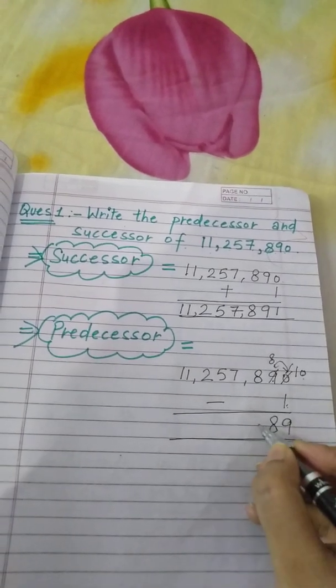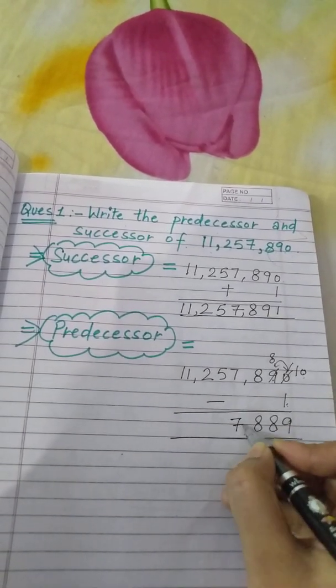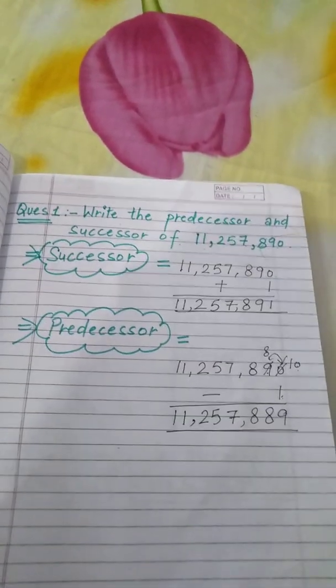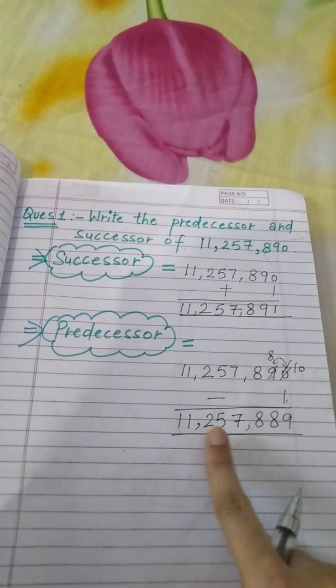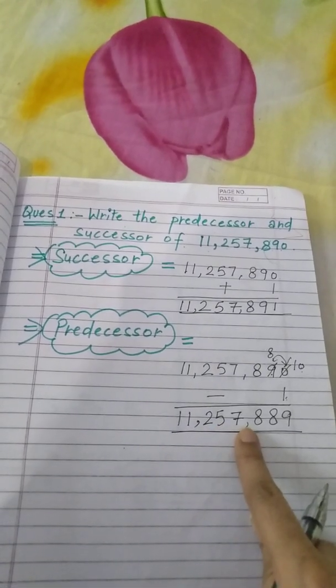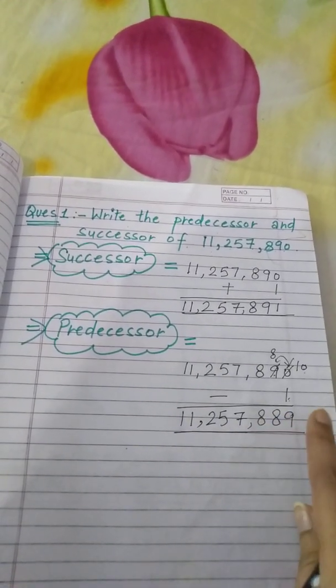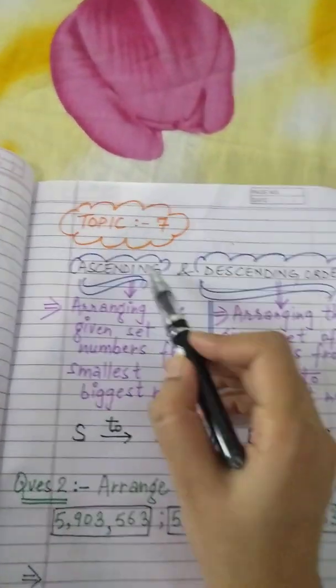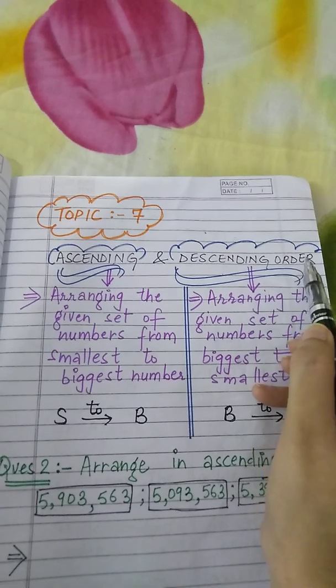Here is 8, 8, 7, 5, 2 and 11. So the predecessor is 11,257,889.